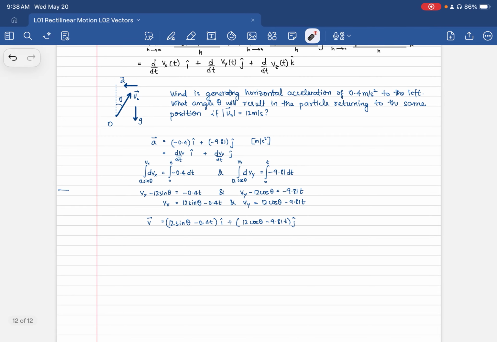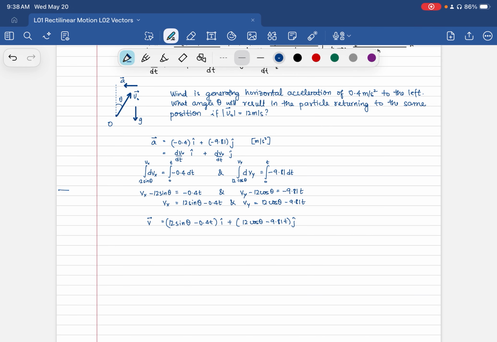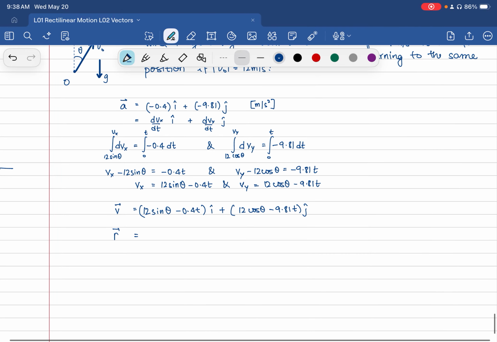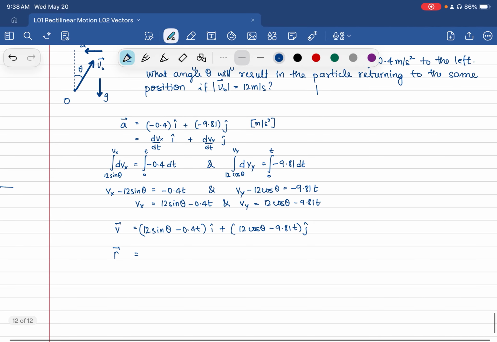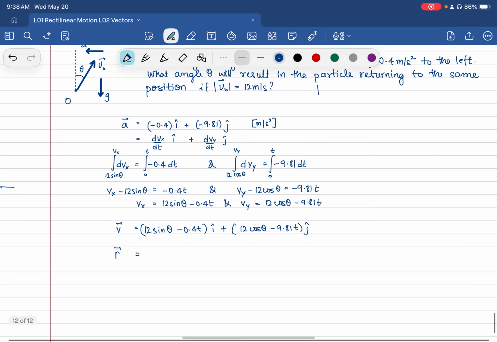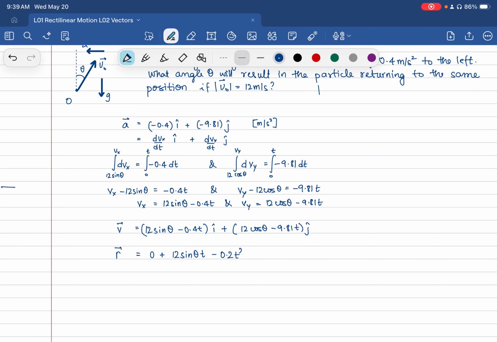See if you're done. No, the question asks you about when will the particle return to the same position. So that means you have to do one more integral to obtain the position vector. So that is r vector is equal to. And now you could do all of these steps, or you could do what I just said, which is write down the initial condition. So it starts at 0, right? So 0 plus the integral of the above is 12 sine theta t minus 0.4 t squared by 2, or 0.2 t squared, i hat.